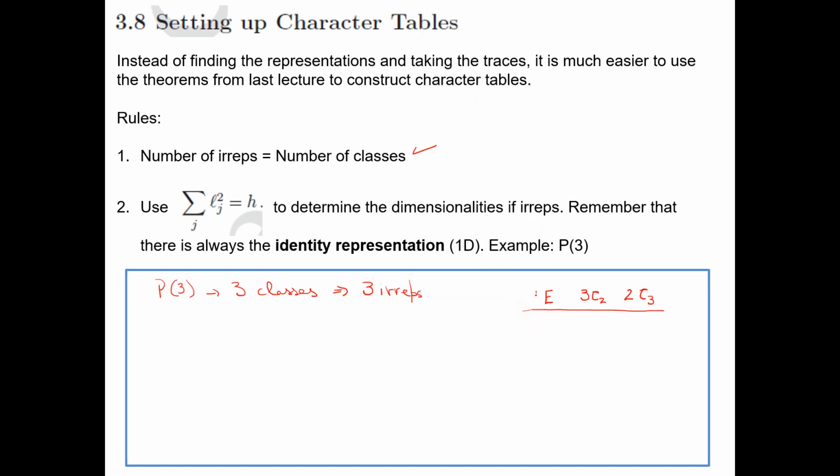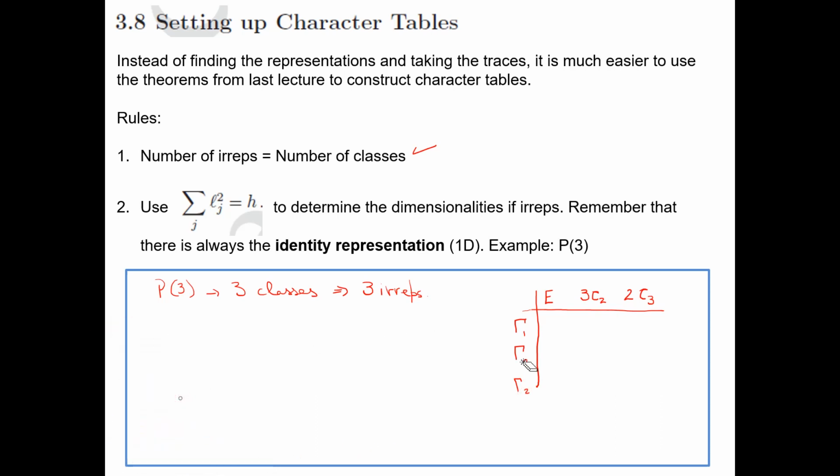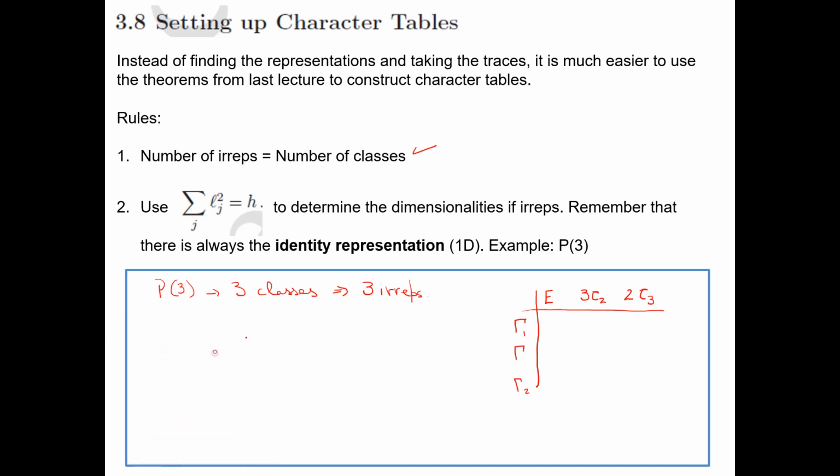Because of that we have 3 representations: gamma 1, gamma 1 prime, and gamma 2.